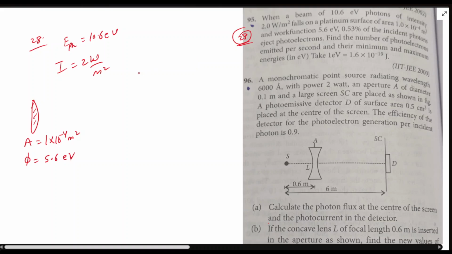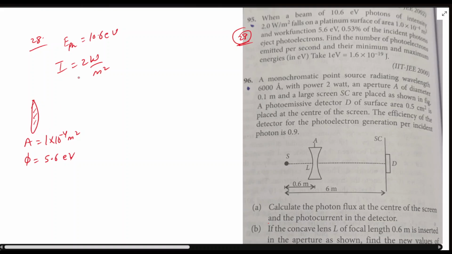Okay, so whatever the number of photons, only 0.53% of them will give electrons. That's quite low, right? Now we need to find the number of photoelectrons emitted per second and their minimum and maximum energies. So let's first find the number of photons coming on this surface.